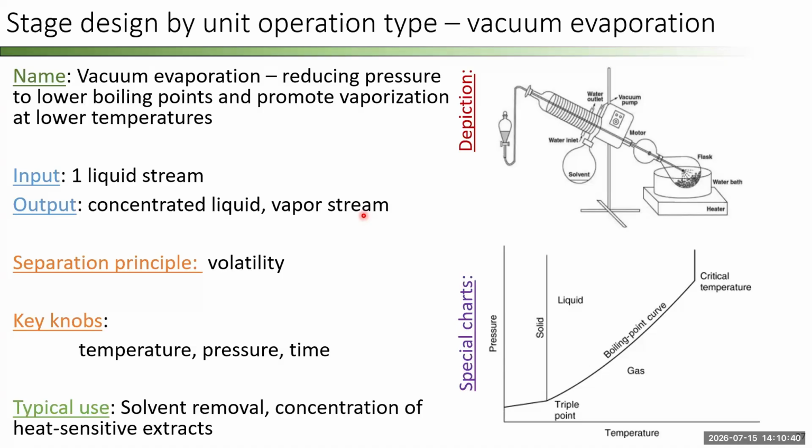We don't want to heat it up. We use this a lot in solvent removal, concentration of heat-sensitive extracts, and decarboxylation of cannabinoid products. We'll pull vacuum so that they get that out without disturbing the other molecular composition.